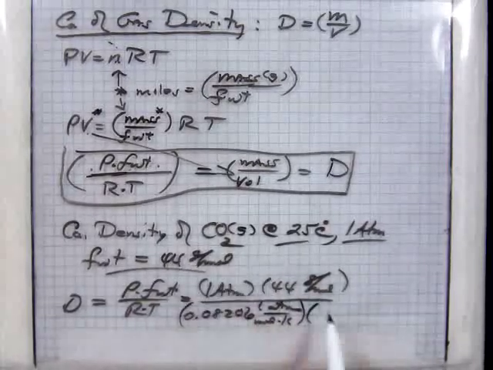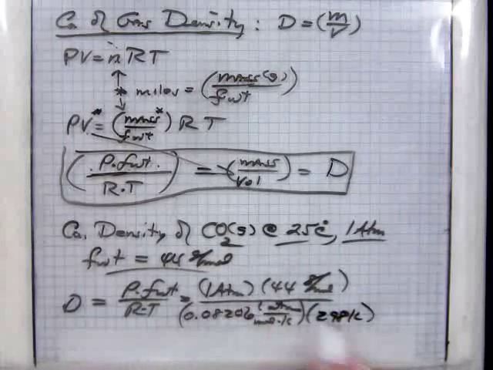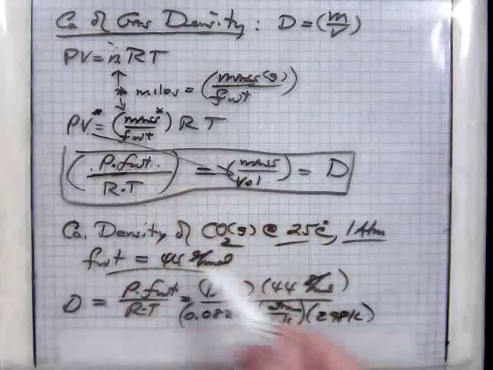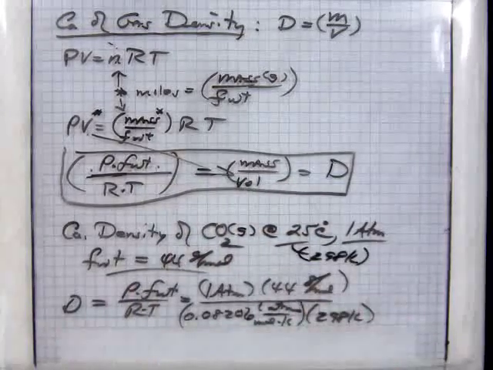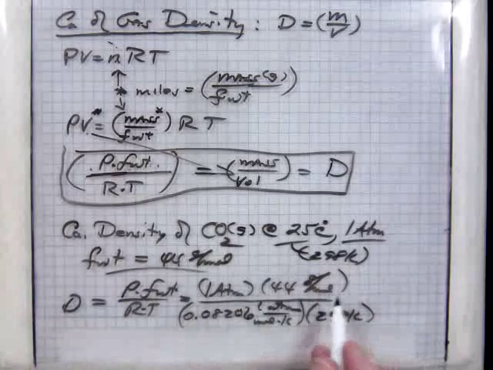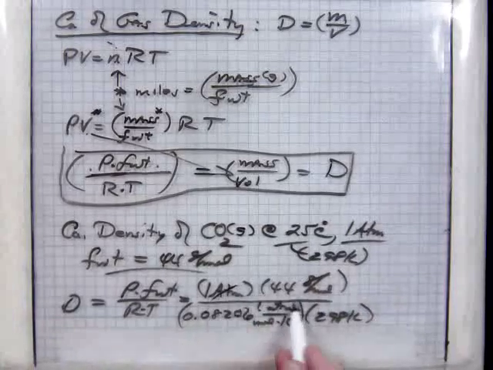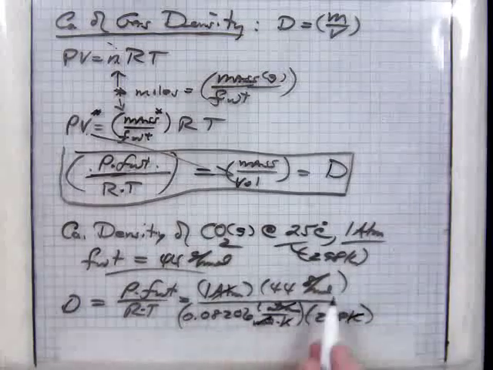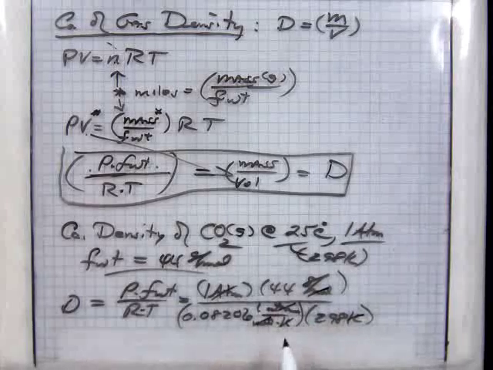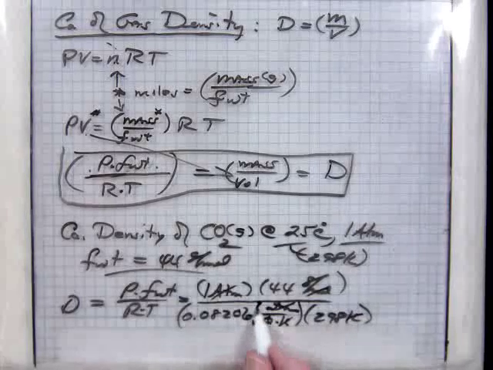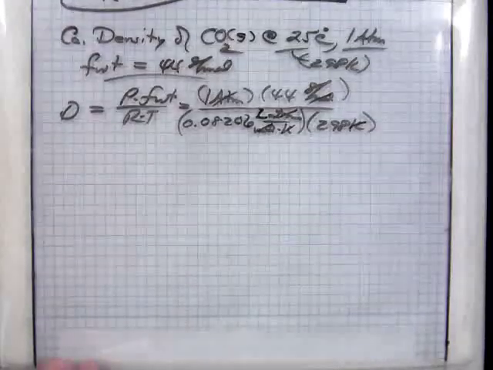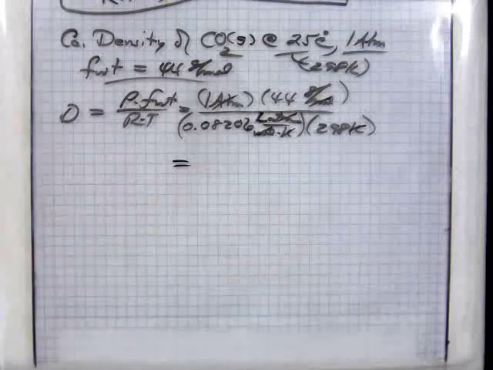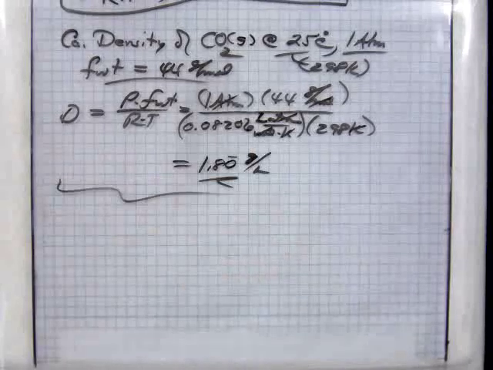Temperature 25, that's 298 Kelvin. And atmospheres, Kelvin, and moles go away, leaving grams per liter. That's your density number. Okay, I got 1.8, so you check me on that if you would. Sure.